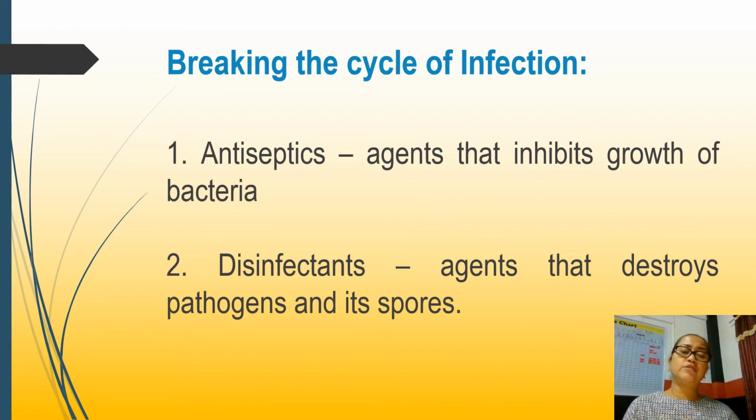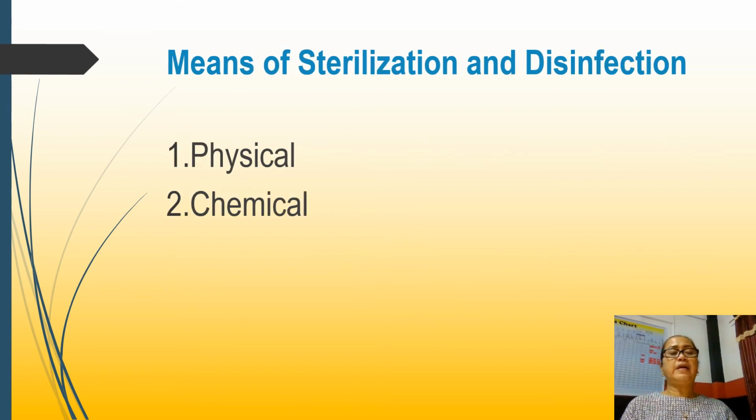It inhibits the growth of microorganisms, but it doesn't mean that it is going to kill them. While your disinfectant agents that destroy pathogens and their spores, examples of these are Lysol, your Zonrox, Clorox, and all. So, those Domex, disinfectants siya. So, which is stronger, disinfectants or antiseptic? Of course, your disinfectants, because they are going to kill the microorganism.